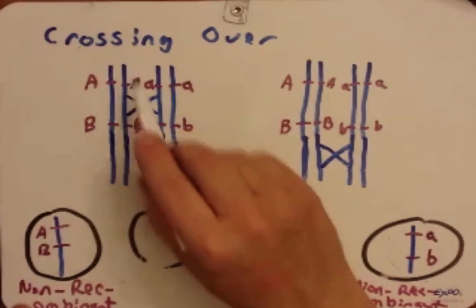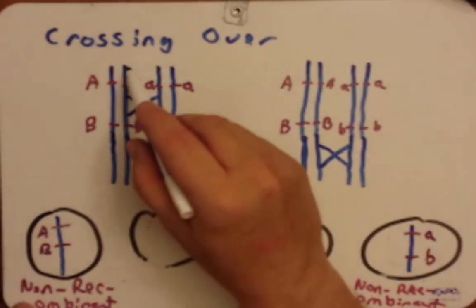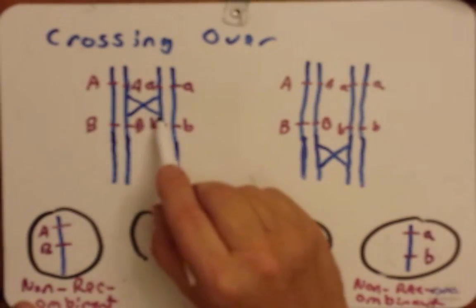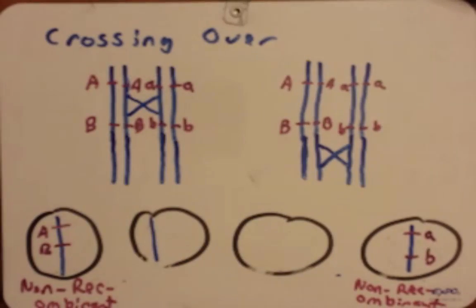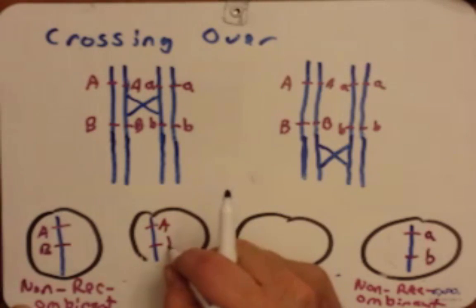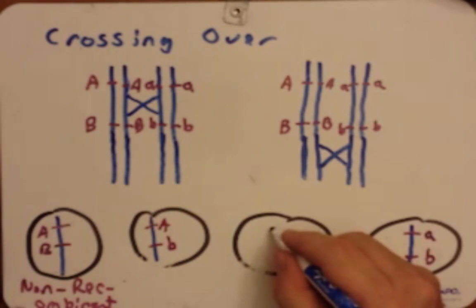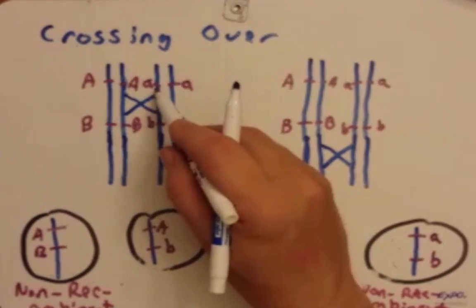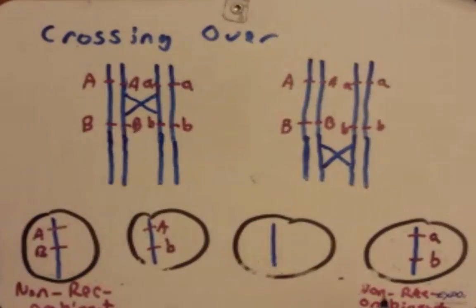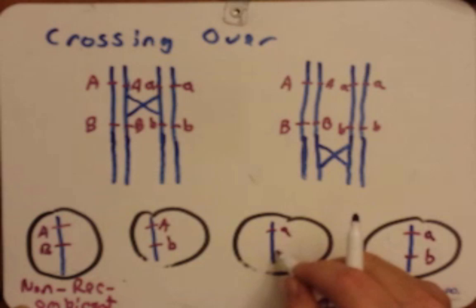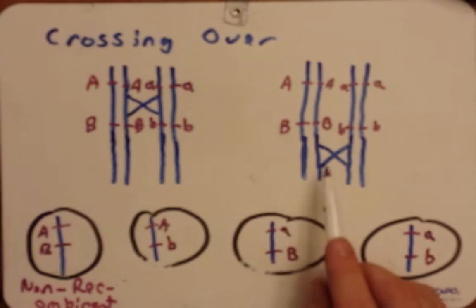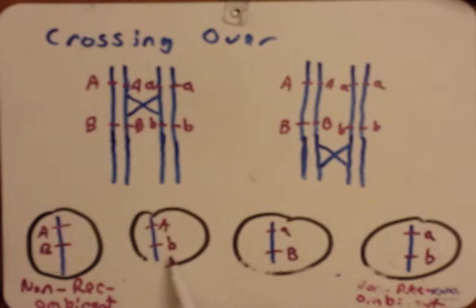Now, the chromosomes here, they're going to look a little different because we have a crossing over event in between them. So it goes big A, comes over here, picks up little b. So this is going to appear as an A, little b. Over here, little a comes over here, and it swaps over and picks up big B. So we have little a and big B. These do not look like the parent, big A, little b.